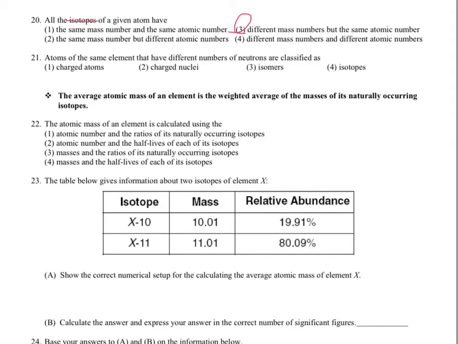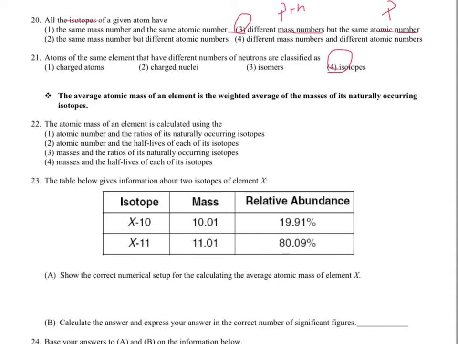Now, recall that mass numbers are really protons plus neutrons, and atomic numbers are the same thing as protons. So in the next question, they ask us, again, a definition of isotopes. So they have the same element, but a different number of neutrons, so isotope.